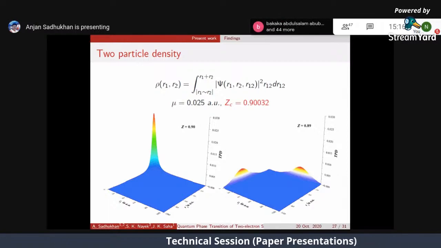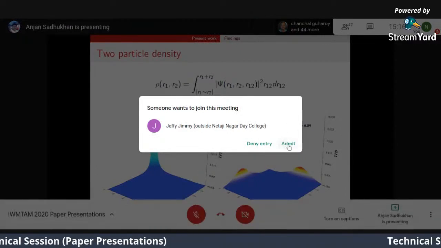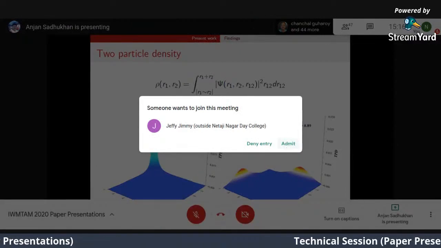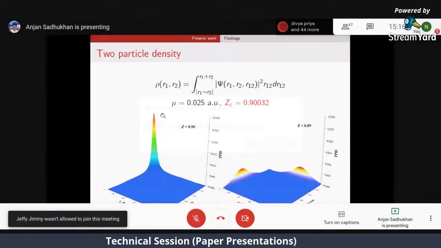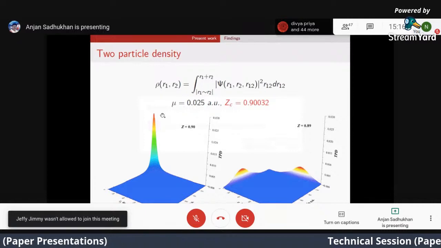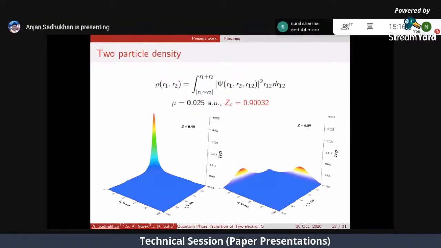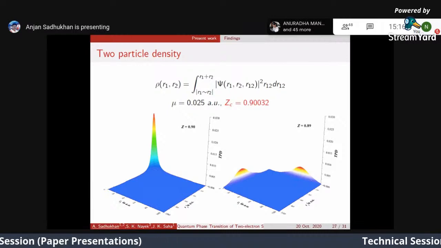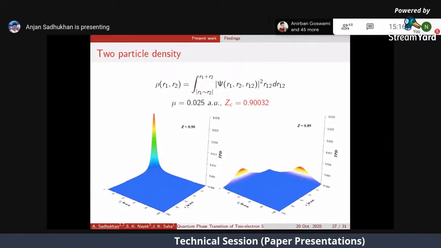So we can conclude that at the critical nuclear charge of the system, since it is 0.9, as we have observed here, the symmetrical configuration of the electrons completely vanishes for z less than zc, that means z less than 0.9, which is clear evidence of quantum phase transition of the system.